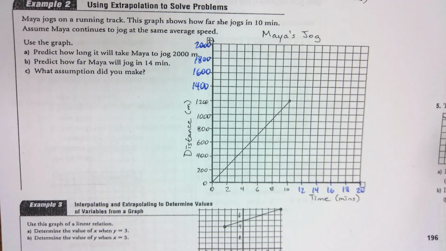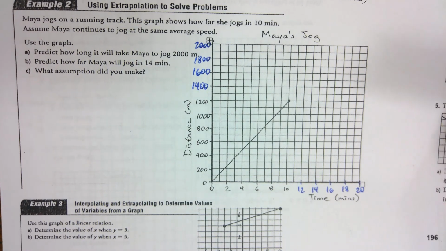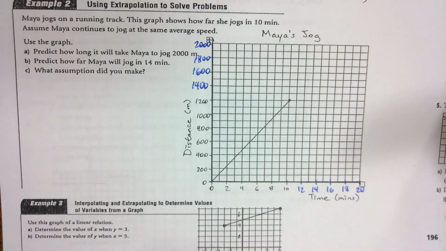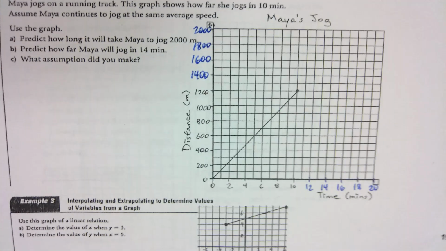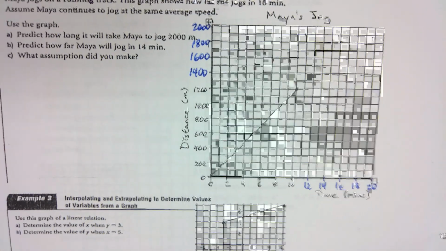Okay, so what do you think I should do? How do I predict for 2,000 meters? What do I have to do with this graph? Vincent? I can use the line, but my line only goes up to here, so what can I do?